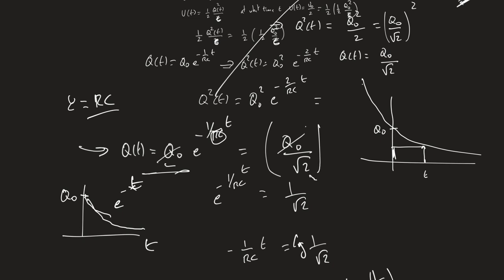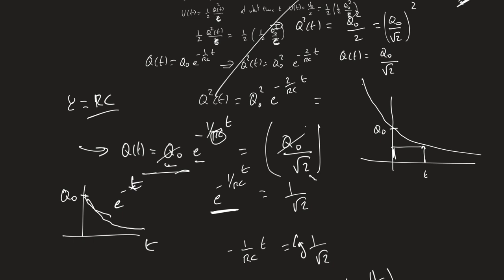Well, the charge is Q0 e to the minus t over RC. So what it's asking you is at what time t e to the minus t over RC is 1 divided by square root of 2. You take the log on one side and the other side. The left side will be minus 1 over RC times t times the log base e of e, that is 1.